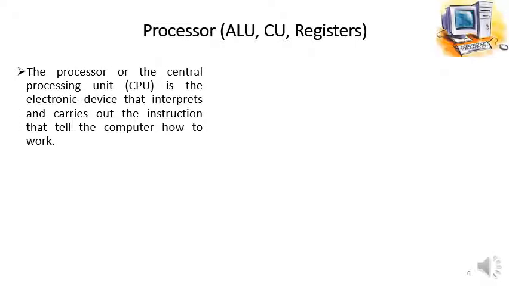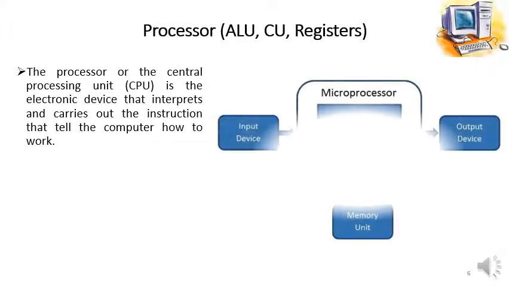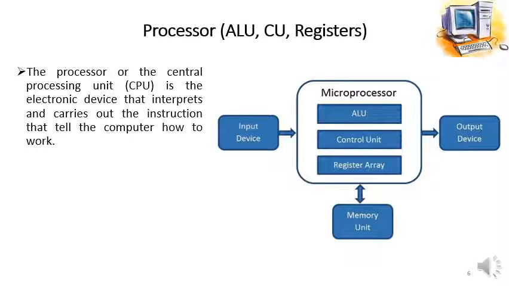Processor, ALU, CU and registers. The processor or the central processing unit is the electronic device that interprets and carries out the instructions that tell the computer how to work. Here in this diagram we can see that a processor or a microprocessor or CPU, all these words are the same.